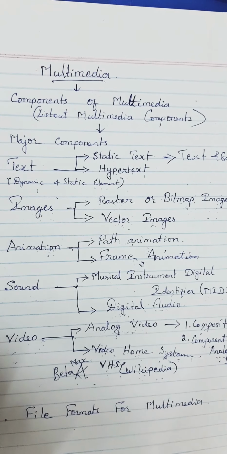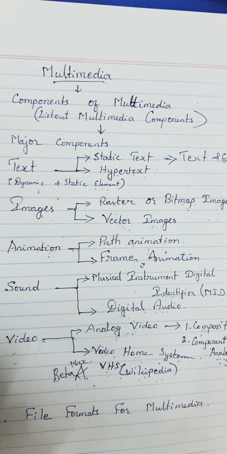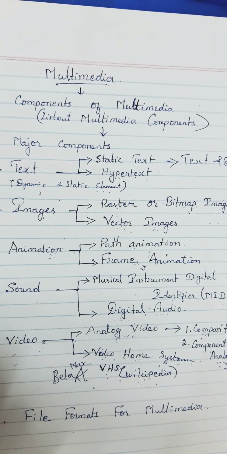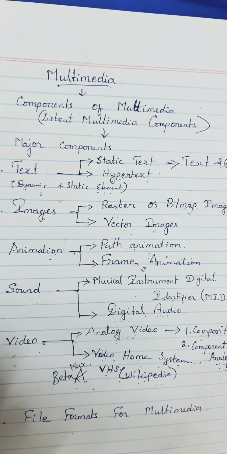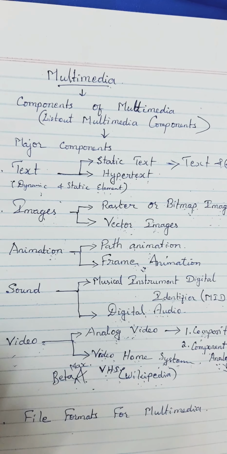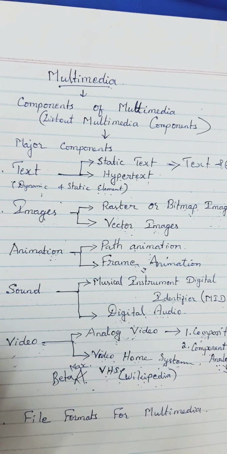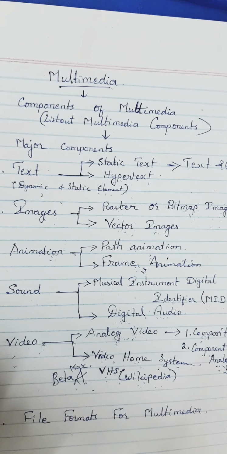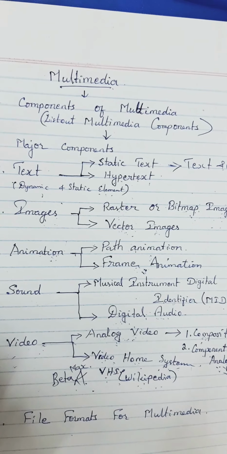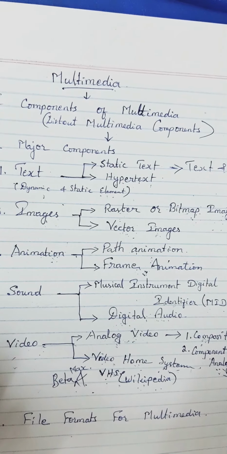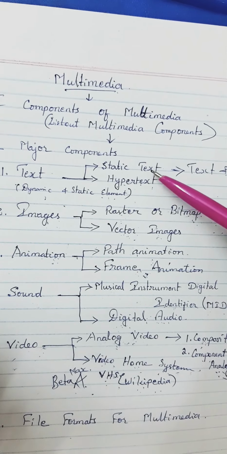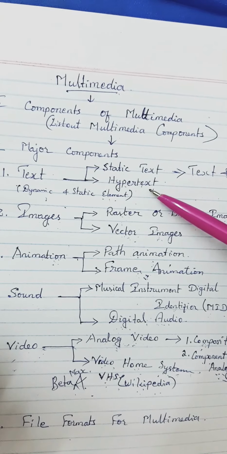Text is the basic component of multimedia, combined with the heading style, and includes image, video, audio and graphics. First of all, text is divided into 2, that is static text and hypertext.